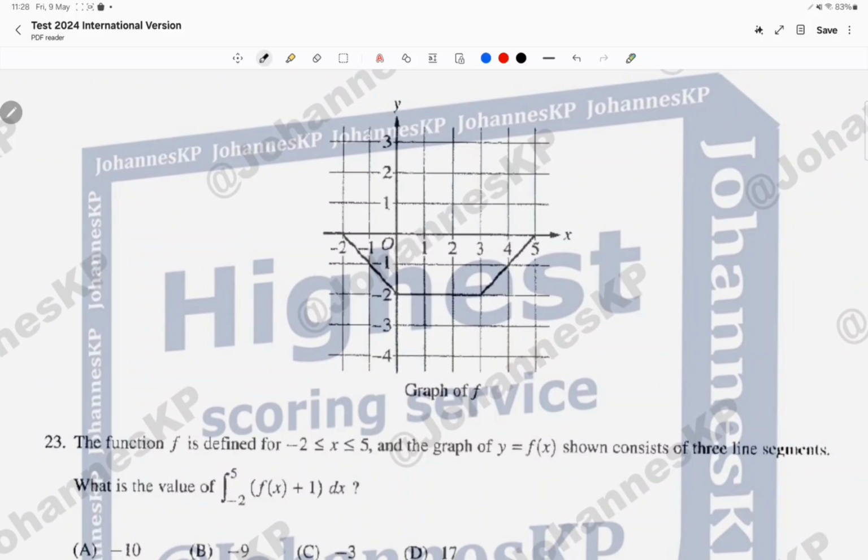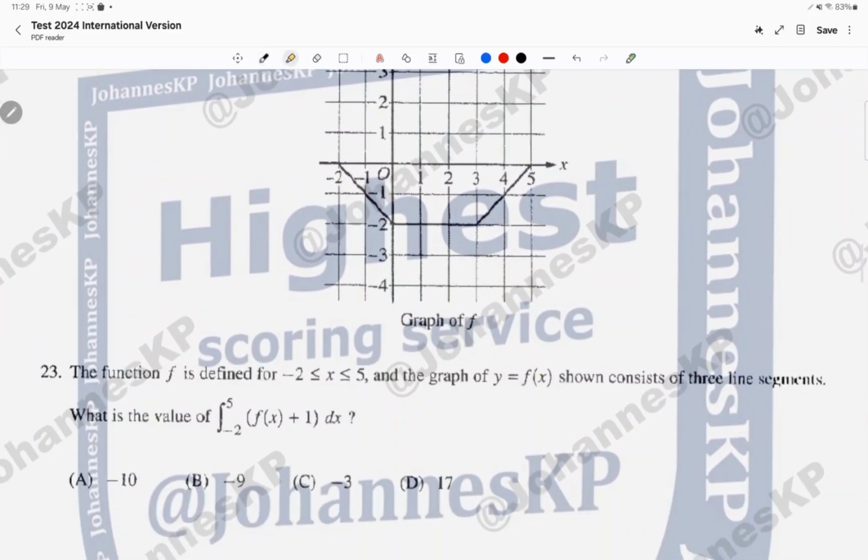Okay, so they want us to integrate this guy, right? So that means you do from -2 to 5. Let's just separate them. The integral of f(x) dx plus the integral from -2 to 5 of 1 dx.